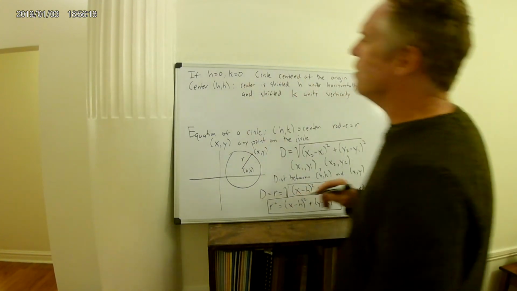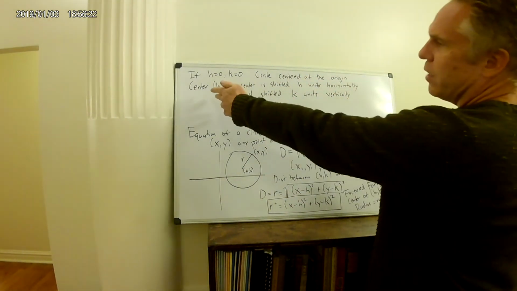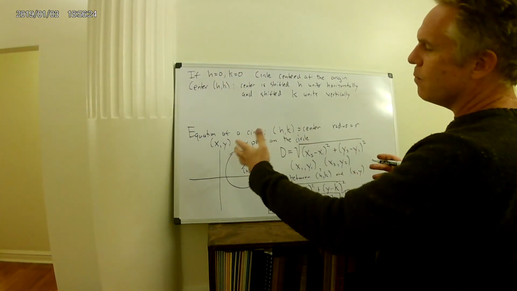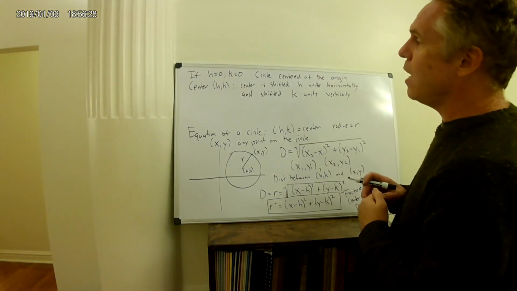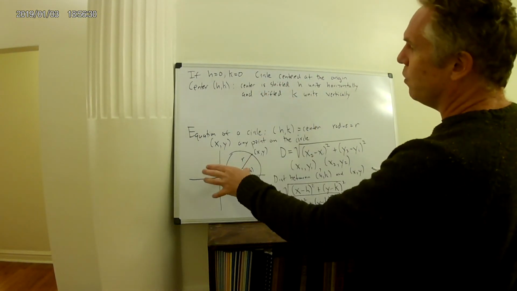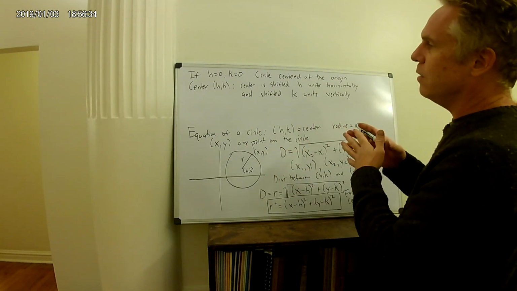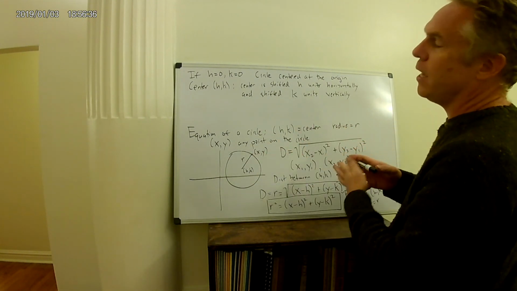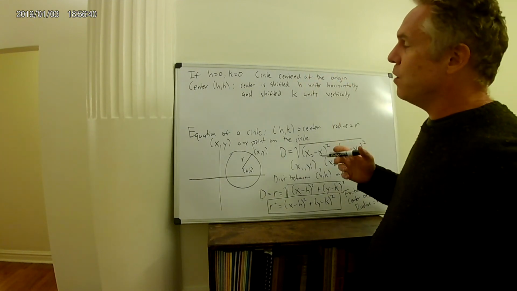So h and k tell you the amount the circle is shifted horizontally and vertically from a circle that's centered at the origin. So if h equals 0 and k equals 0, your circle is at the origin. For a center (h, k), that circle is shifted by an amount h horizontally and k vertically from the circle centered at the origin.